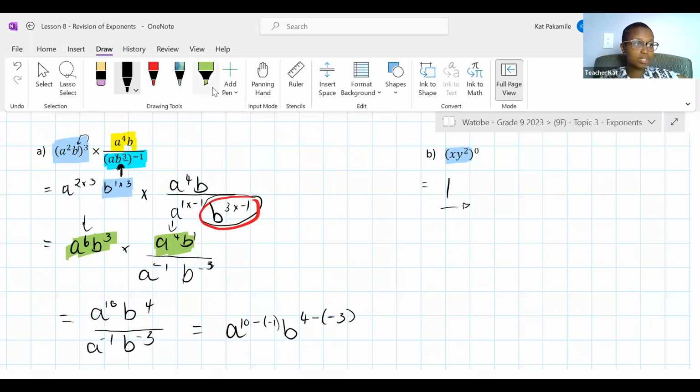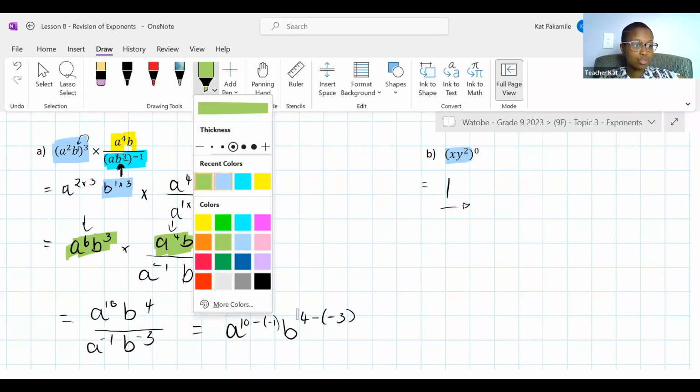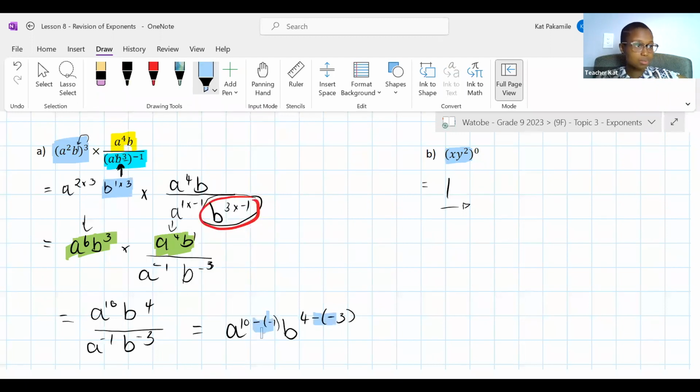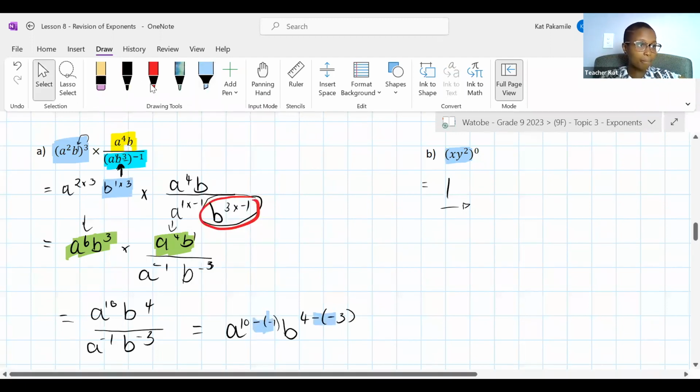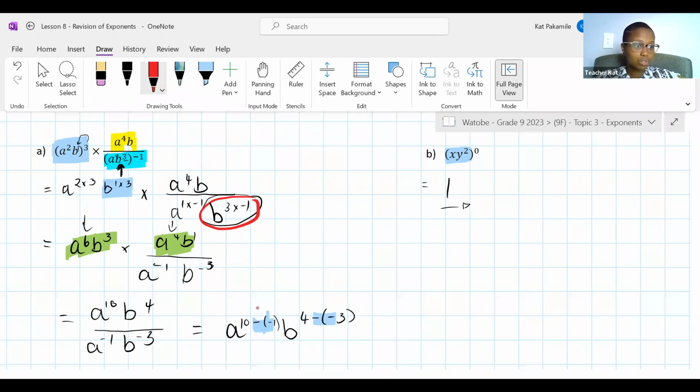You've made a very crucial mistake. What's happening here? These minuses, what do they become? Two negatives give you a plus. So they both become plus. Do we see that? Yes, ma'am.